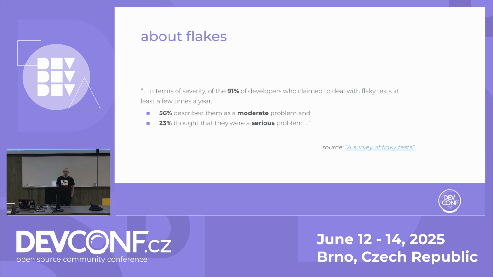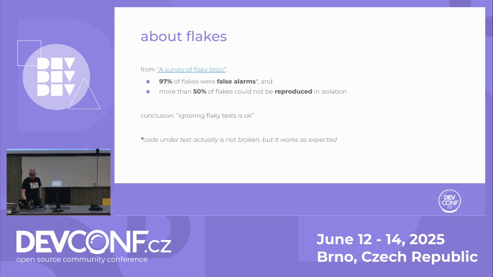Of the 91% of developers who claim to deal with flaky tests, more than half described it as a moderate problem, and nearly a quarter described it as a serious problem. And 97% of the flakes, in their opinion, were false alarms.